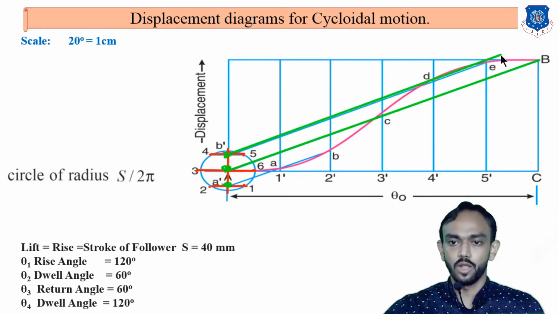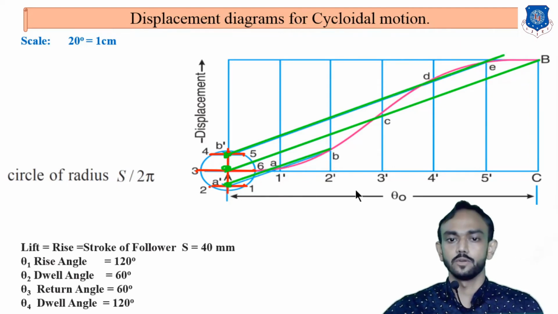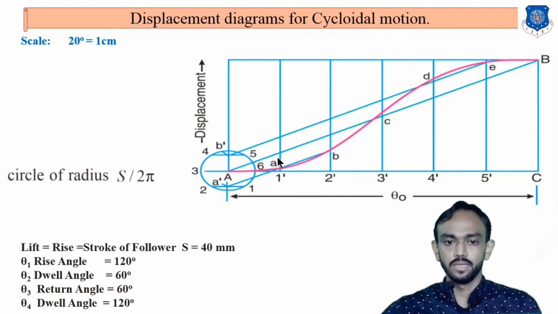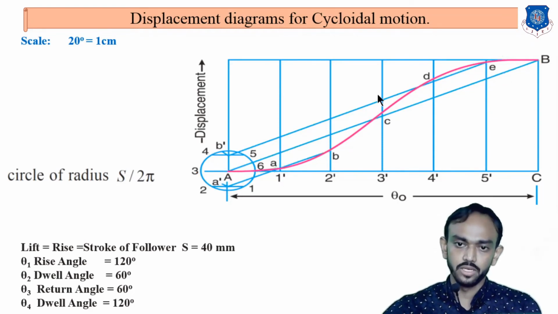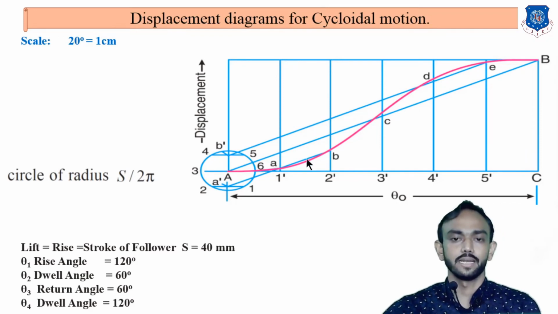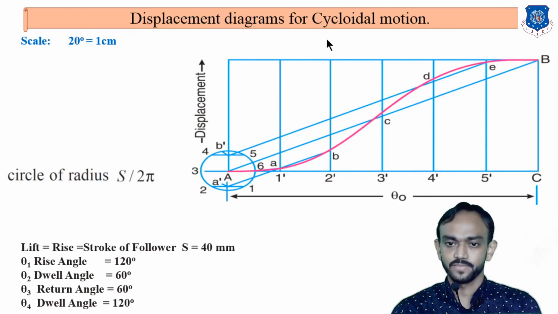This line will always be parallel to this center line, and the same from the center of 1 2. That's how you make these center lines here, and after that you draw this diagram, which is known as the cycloidal motion. Okay, thank you.